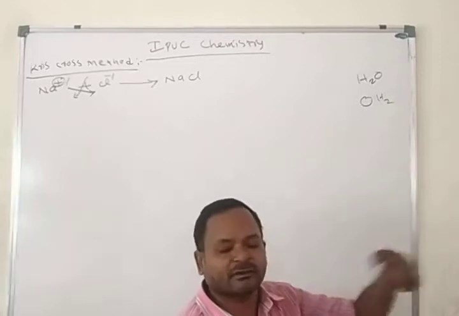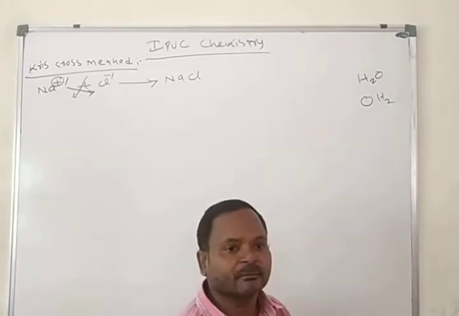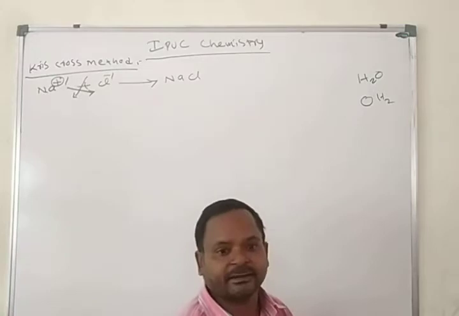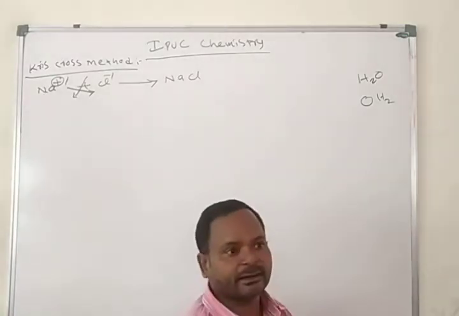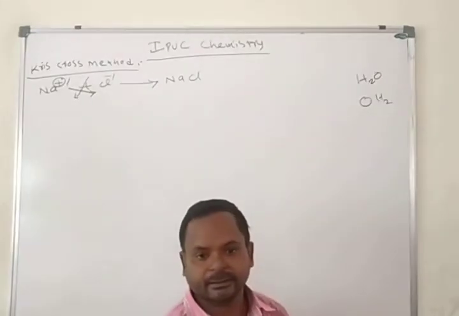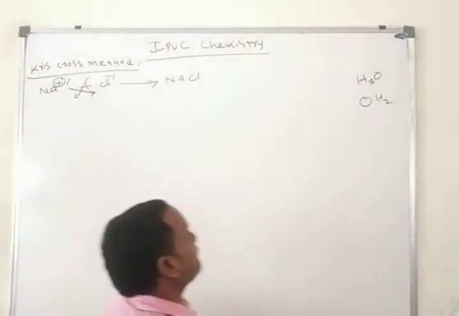Except ammonia, some exceptions are there, but in 99% of cases negative should be on the right side and positive on the left side. Suppose for example here Mg plus 2 is there, Cl minus. Okay, here what?